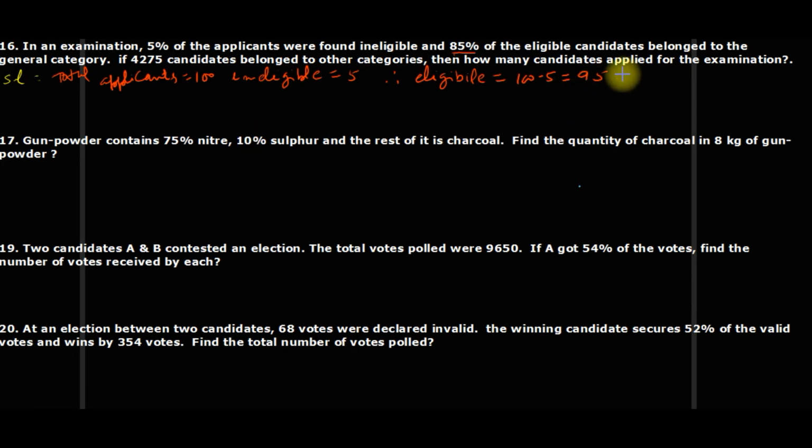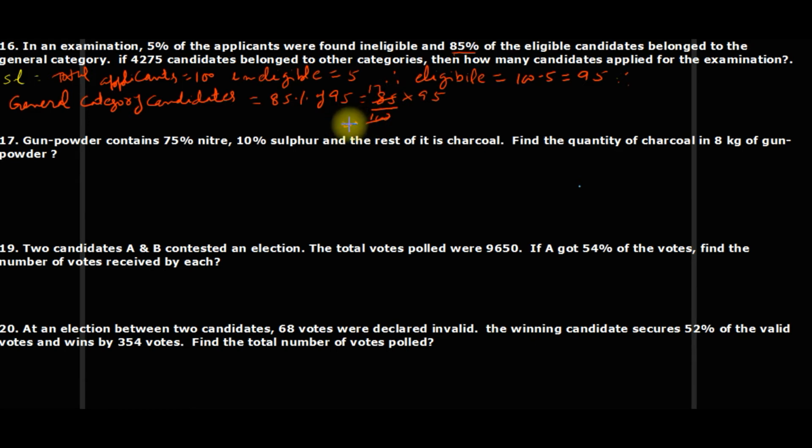Therefore, in the next line, general category candidates would be 85% of this 95. That means 85 multiplied by 95 upon 100.